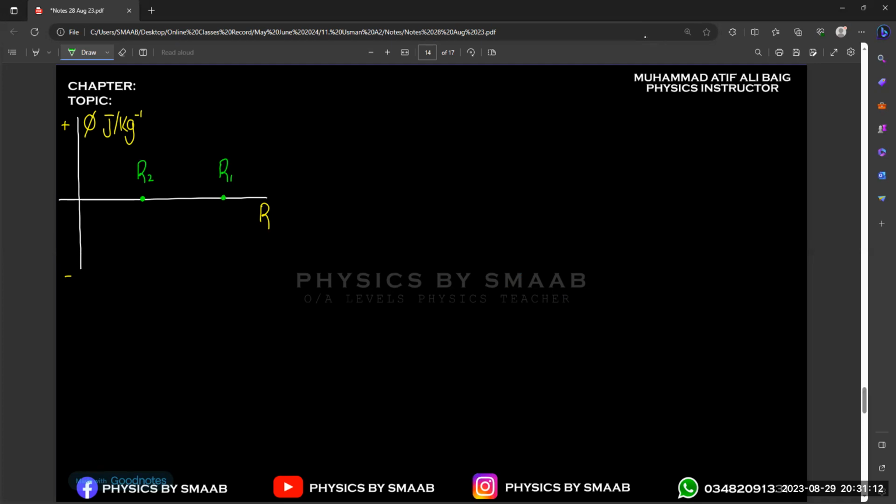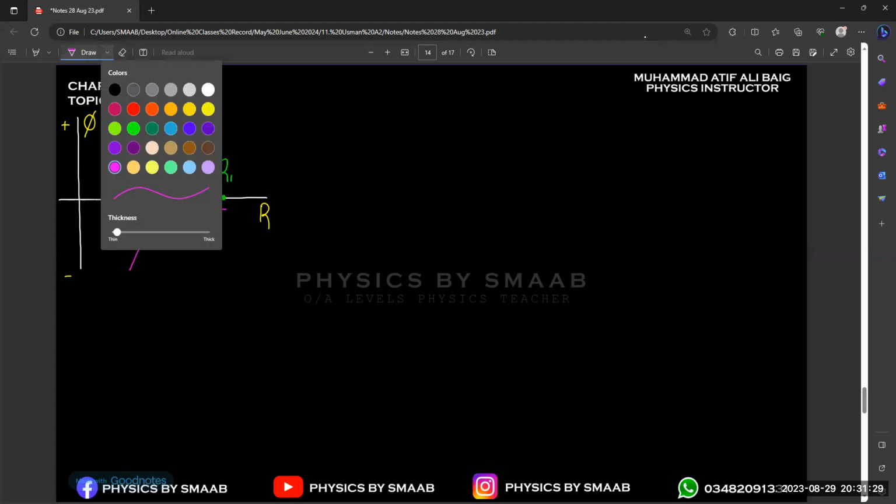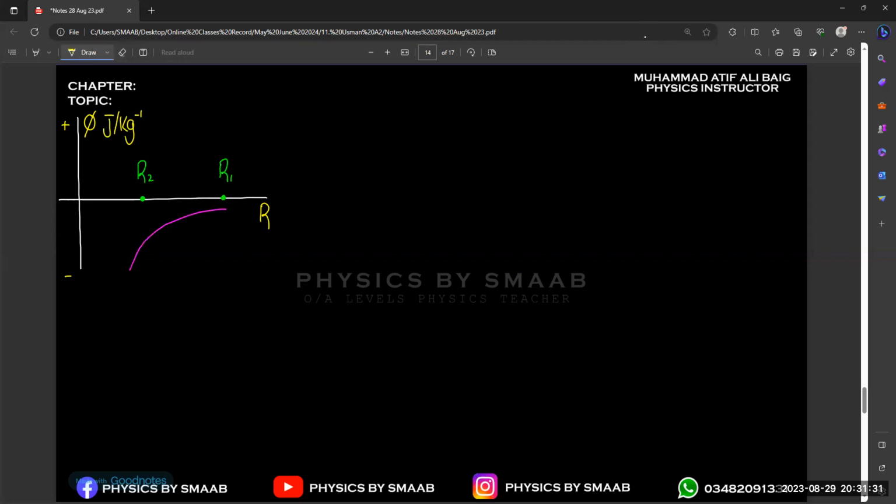So on the graph, your final graphical representation will be like this. Or you can also start like this point. Now you can see that when we are at R2, the value will be more negative, right?